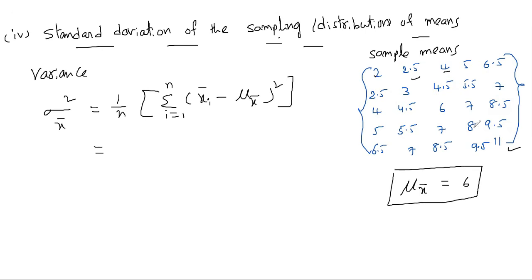Totally how many values are there? 1 2 3 4 5, five times 5, that is 25.